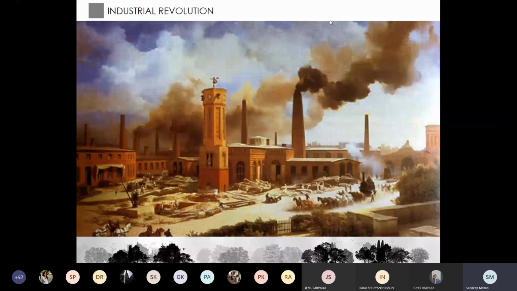Now why is it fantastic? Because earlier, one's ability to move things around, or to transport food from a distance to your city, was dependent on horses or humans.